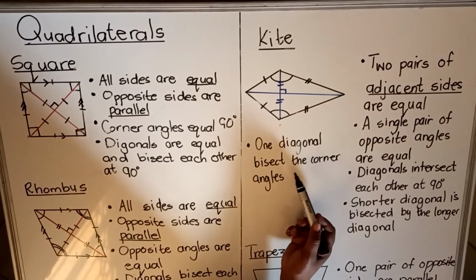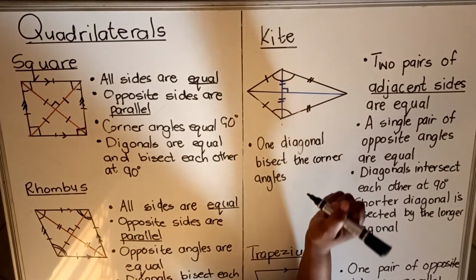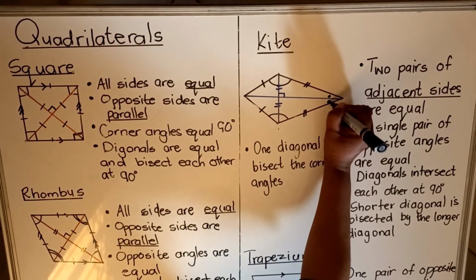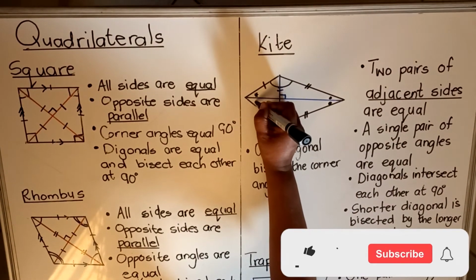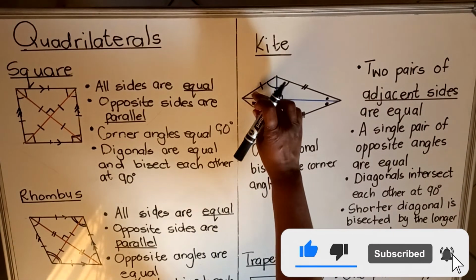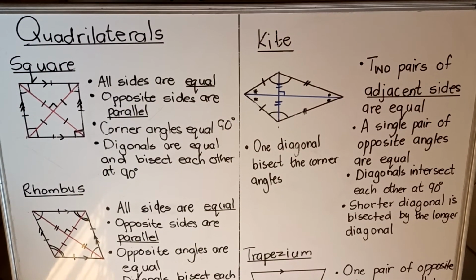This diagonal that bisects the corner angles is the longer diagonal. Bisect means cut equally. This angle will be equal to that one, and then that angle equal to that one. But these ones are not bisected, so only these angles are bisected by the longer diagonal.